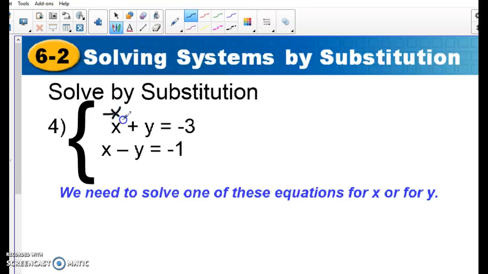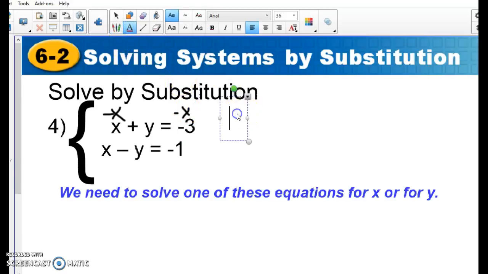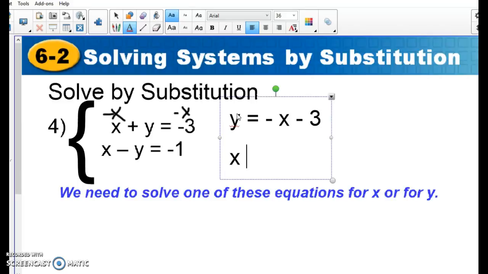Remember, these aren't like terms, so I can't combine them. So I'm left with y equals negative x minus 3. And I'm not going to touch my bottom one, x minus y equals negative 1.